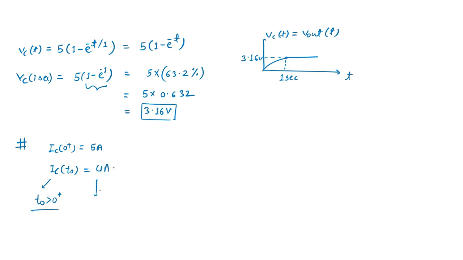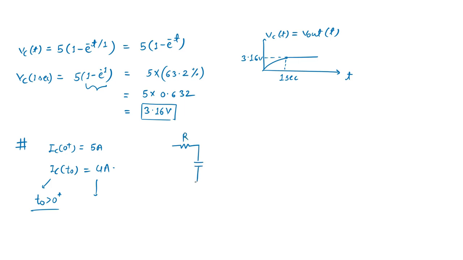Again, as we have discussed a lot, it will follow some exponential relation, but it should only follow that till t equal to 1. After that, what will happen at t equal to 1? The circuit is suddenly open.